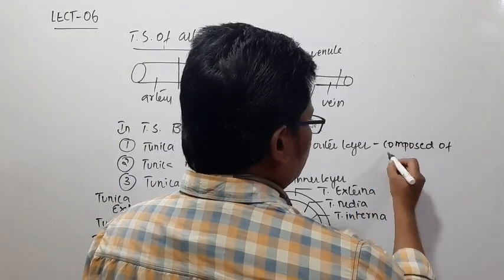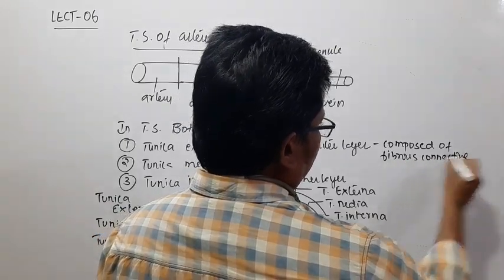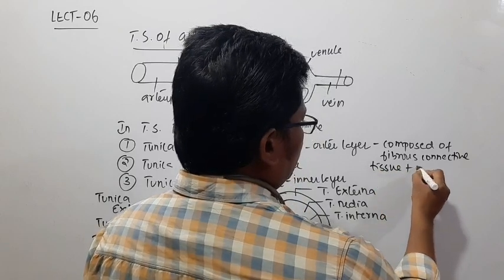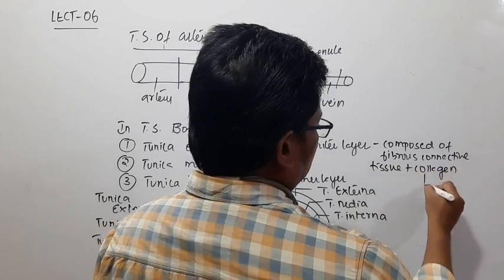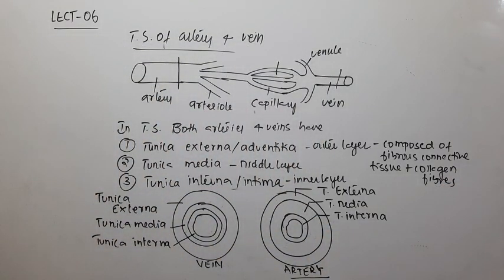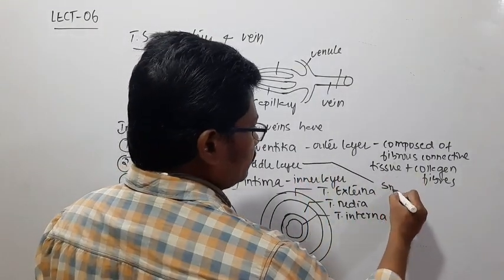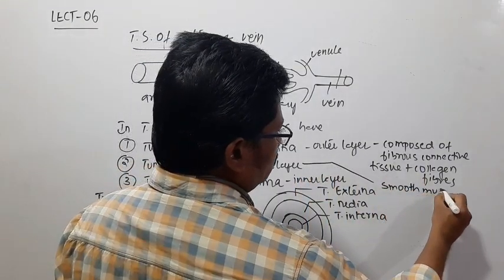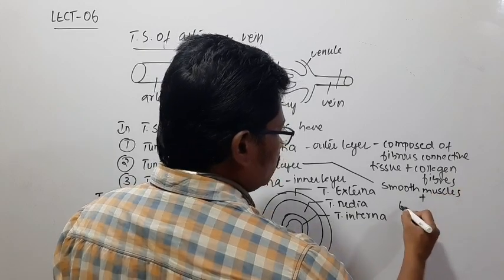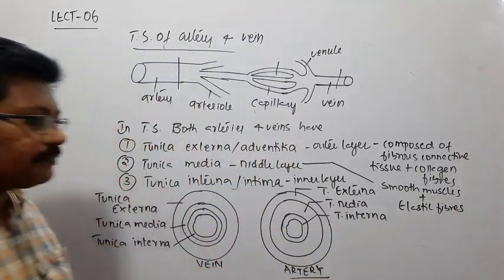Whereas the tunica media is the one that consists of smooth muscles, and it also has elastic fibers.